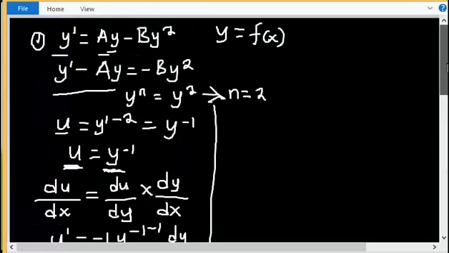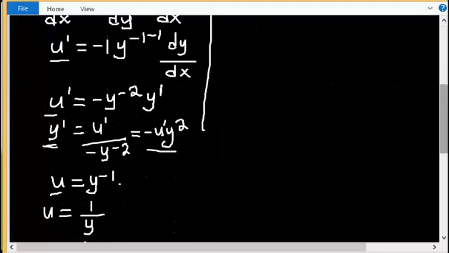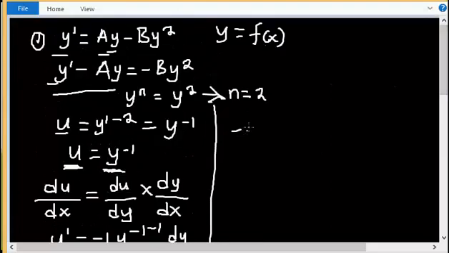Now let's go there. So this is my original equation, okay? For this y prime, I'm going to replace it by what I have here. Remember, y prime is minus u prime y square, okay? So I'm going to have minus u prime y square. Then minus a, remember a multiplied by y, and y is the reciprocal of u, so that's a all over u, equal to minus b y square.